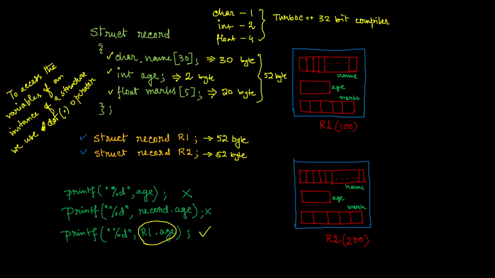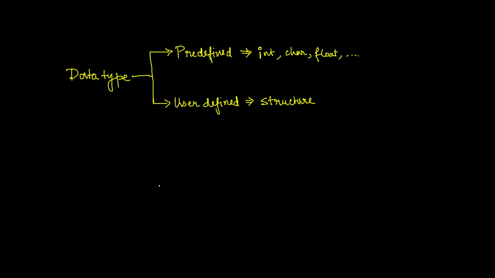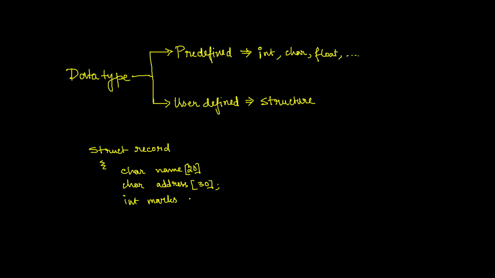If you introduce one more variable, for example, if I write a record structure like this, say char name 20, char address 30, int marks, say from 10 to last.